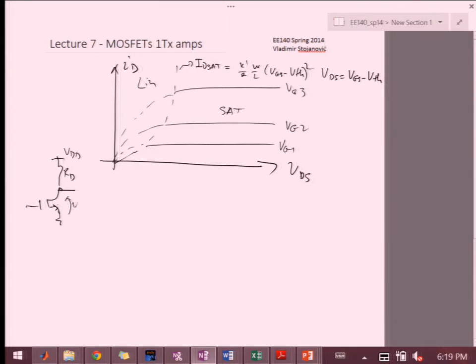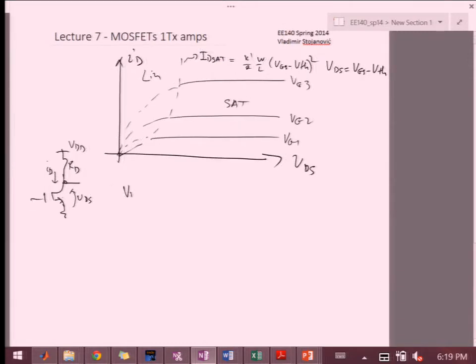This is my VDS, and this is ID. Because I have this resistor, I can relate ID and VDS: VDS is equal to VDD minus ID RD.